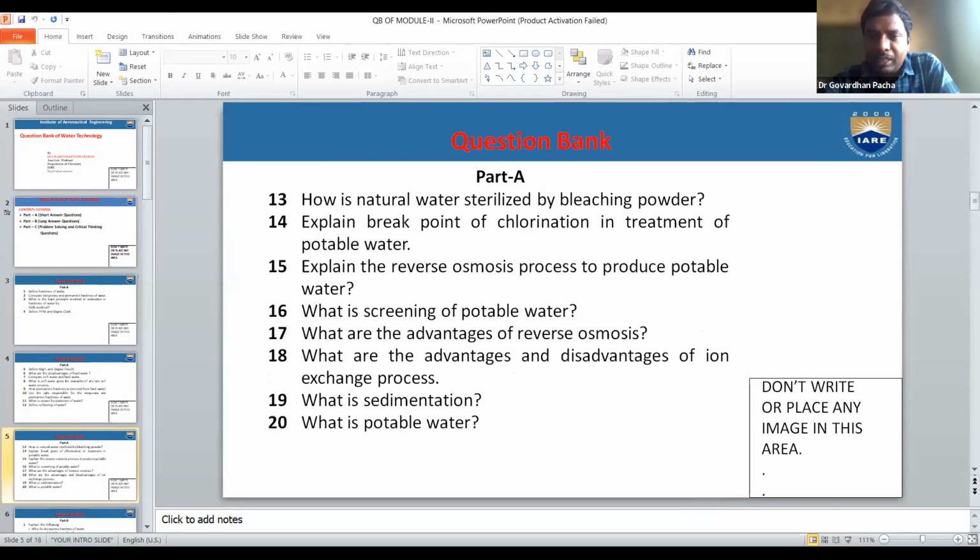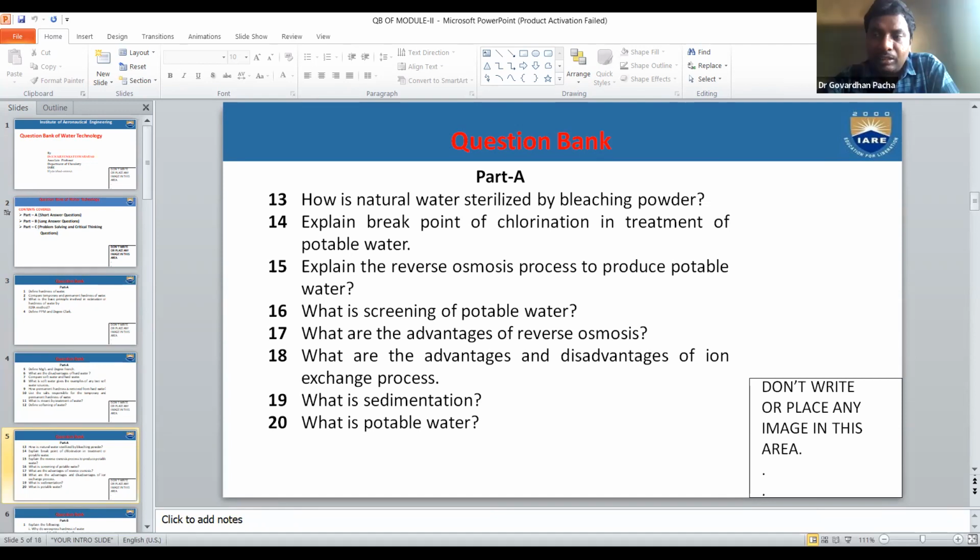So what is the formula for bleaching powder, amma? CaOCl2, calcium oxychloride. Whenever calcium oxychloride reacts with water, what products are observed? Mainly hydrochloric acid and hypochlorous acid, HCl and HOCl.